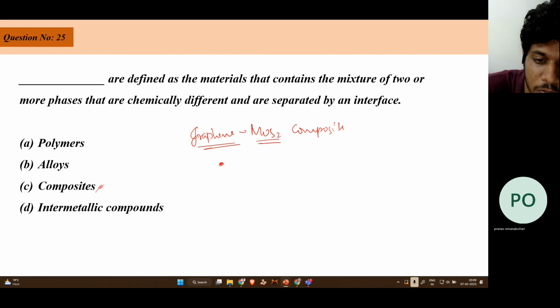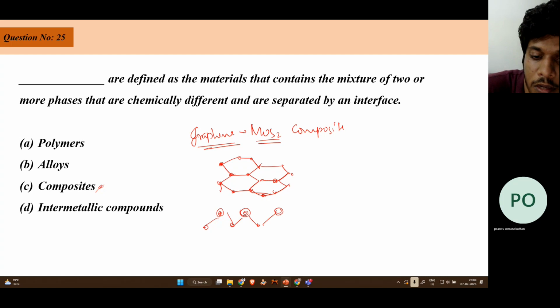This can be visualized possibly in this way, with this being graphene, a regularly arranged array of carbon atoms, and there will be a layer of molybdenum sulfide here.